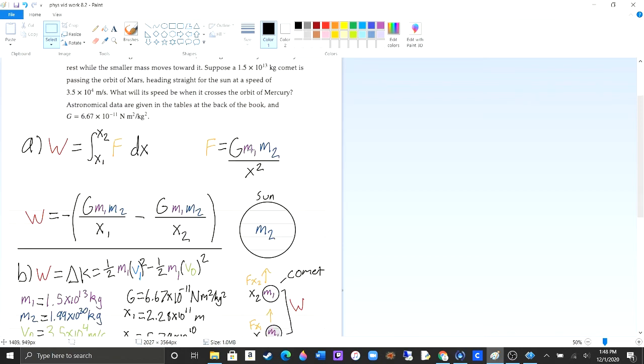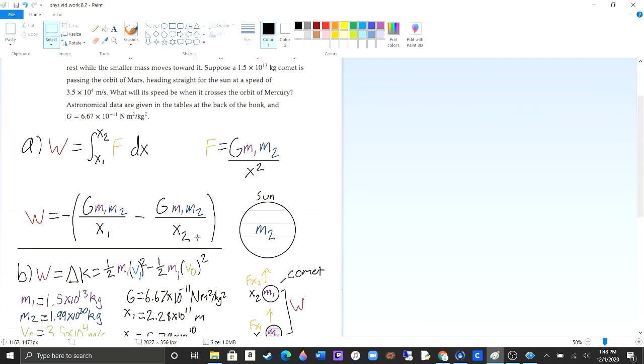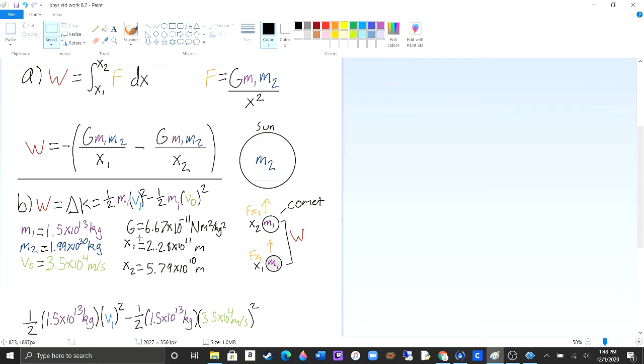When we integrate that, we get work equals gravity times mass 1 times mass 2 over x1 minus gravity times mass 1 times mass 2 over x2. This is integrated, the specific solution, not a general solution. So we can plug in x1 and x2 now.